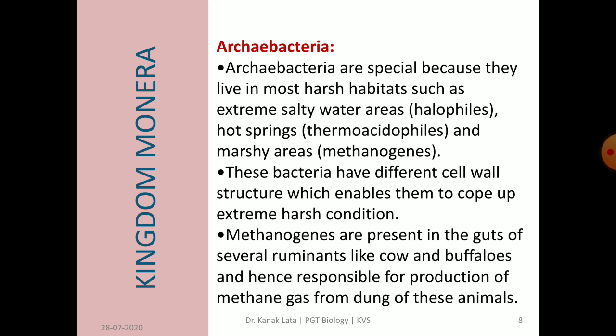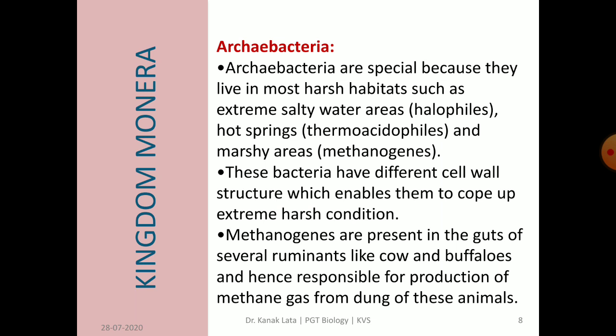Further, Monera is also classified into Archaebacteria and Eubacteria, so let us see the differences between these two types of bacteria. First, we will read about Archaebacteria. These Archaebacteria are special because they live in the most harsh habitats.